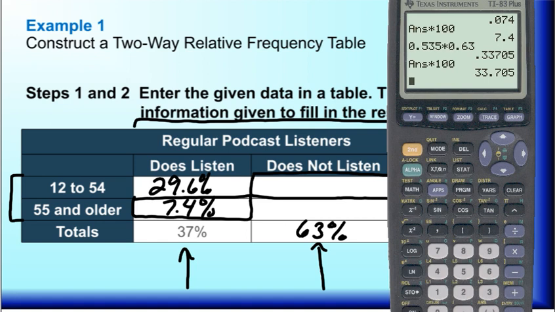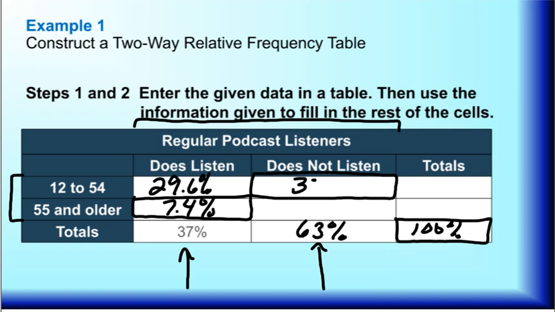So we can round that to the nearest tenth. It tells us nearest tenth, so that'd be 33.7%. So 33.7% of all the people that do not listen are from the ages of 12 to 54.